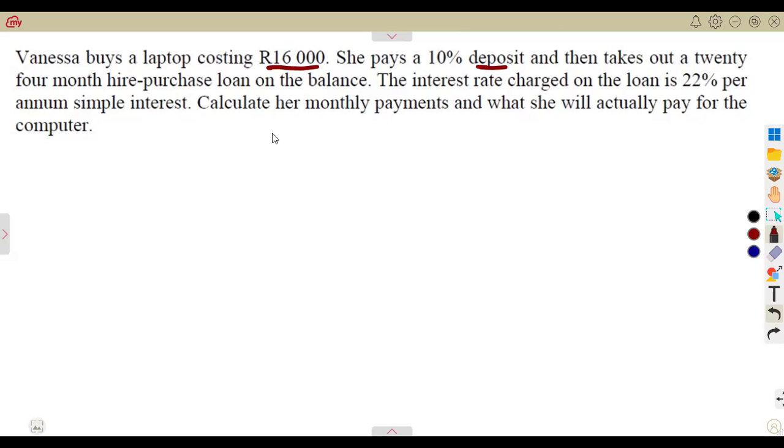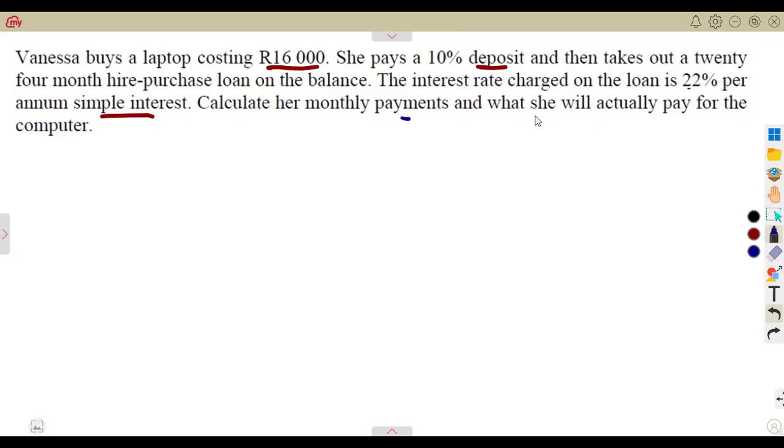So it's a loan, that is why it has an interest. The interest rate charged on the loan is 22% per year, simple interest. Calculate her monthly payments and what she will actually pay for the computer.